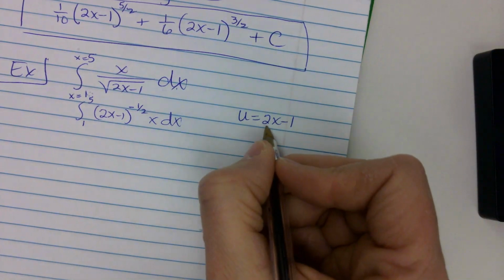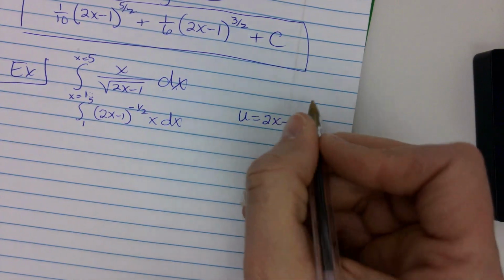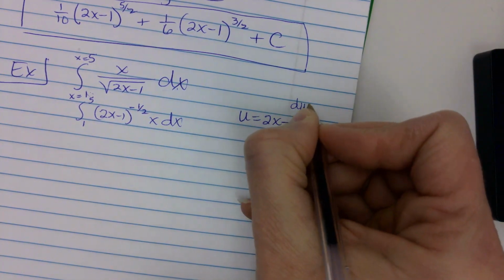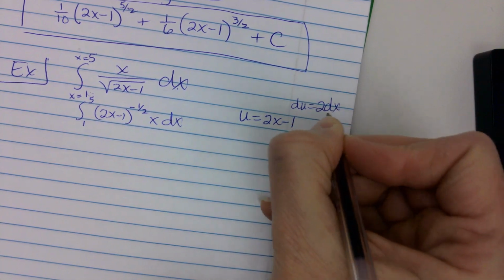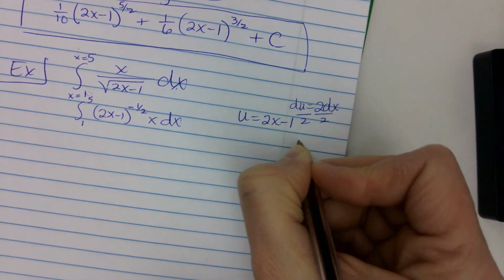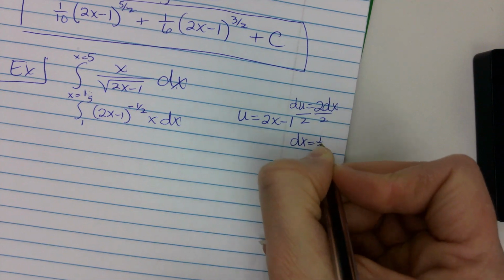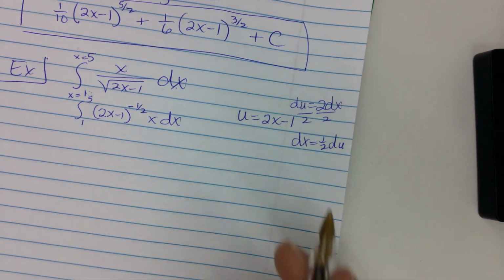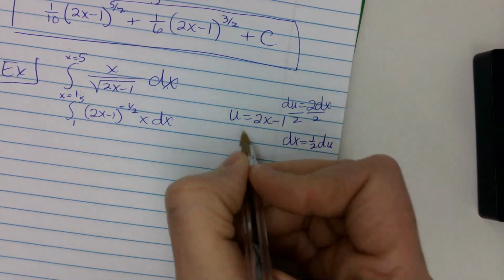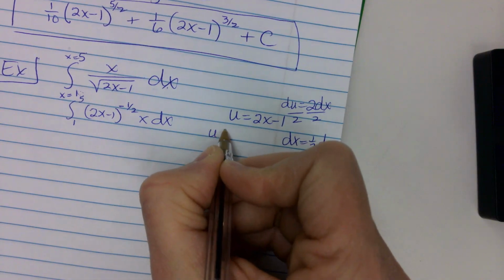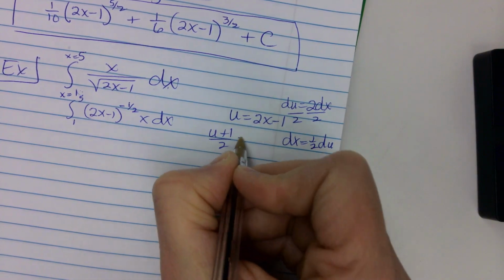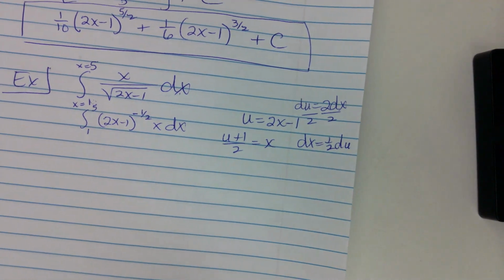So the same process: solve for x, or if you want to do du right here, du is 2 dx. So what is dx equal to? du over 2, or 1/2 du, right? Solve for x, we get u plus 1 over 2, just like we did a second ago.